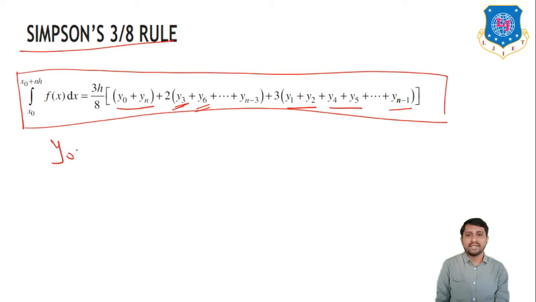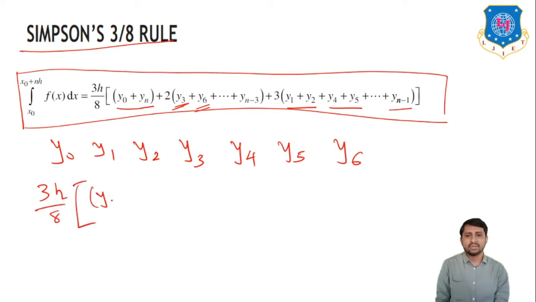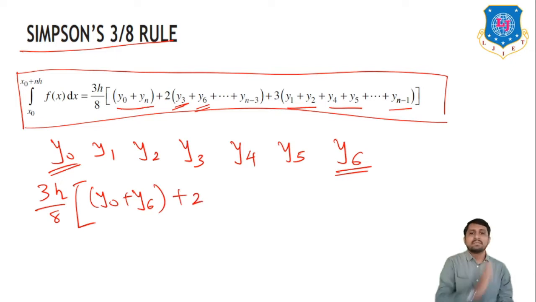Suppose you have entries y0, y1, y2, y3, y4, y5 and y6. Using the formula you write 3h by 8, then y0 plus yn, which is the last entry, so y0 plus y6. Plus 2 into the multiples of 3, so y3, y6.